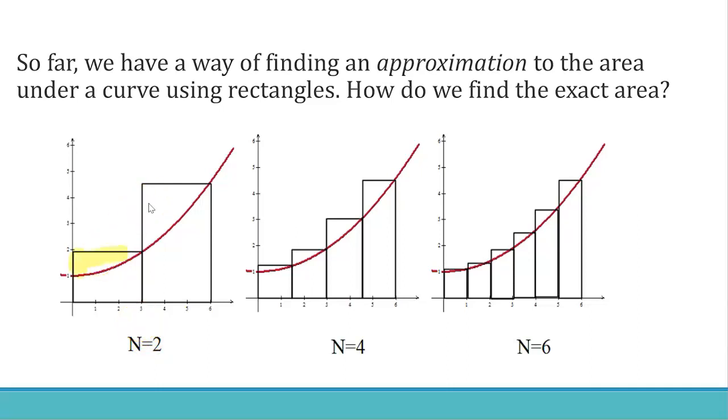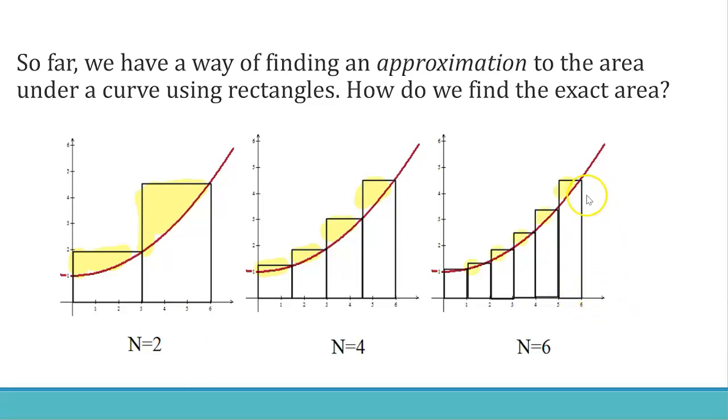I'm overestimating by all this amount right here. If I use four rectangles to approximate the area, I still have an over approximation, but now it's a little bit closer to the exact area under the curve. There's less overage happening. And if I use 6 rectangles, that's even less of an overestimate.